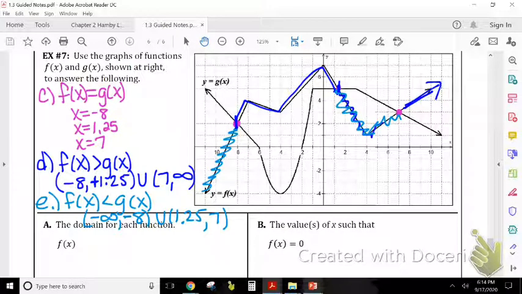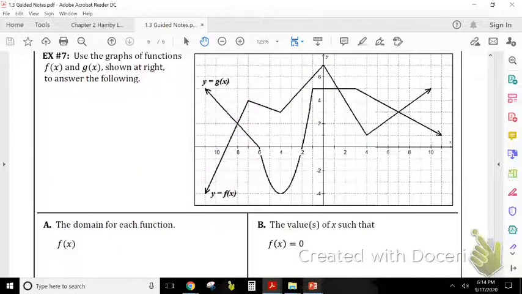So that's E. F said the value of x such that g of x is greater than 0. So if I'm looking for G, where I'm sorry, I'm on F, aren't I? F, where g of x is greater than 0, I'm looking for where the g function is above the x-axis. So find your g function. Notice it's above the x-axis right here.